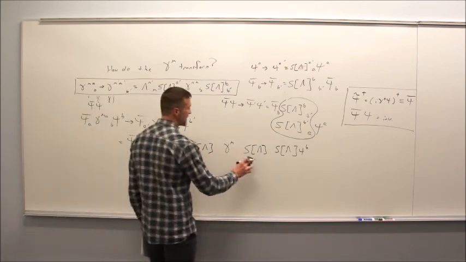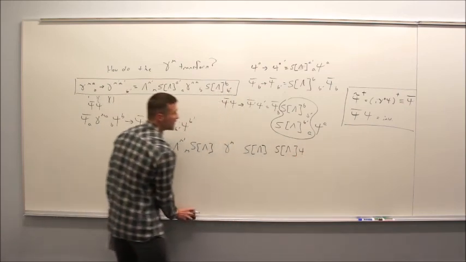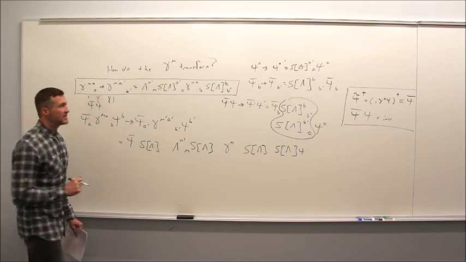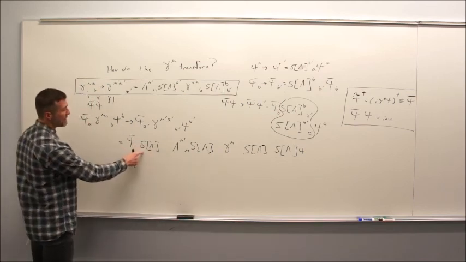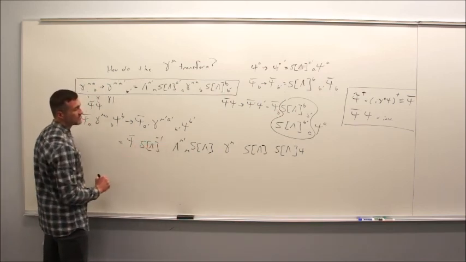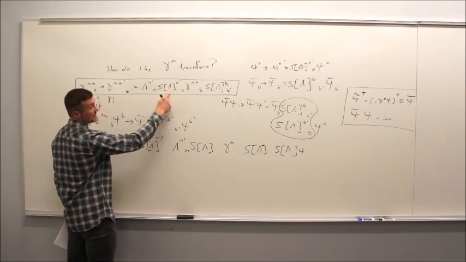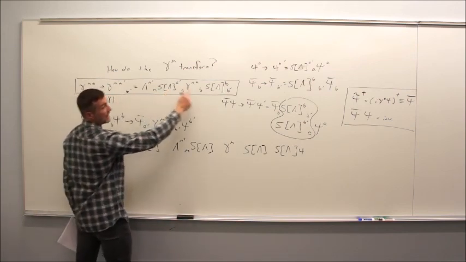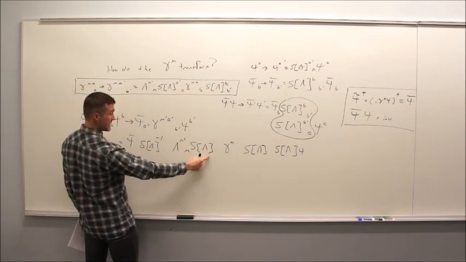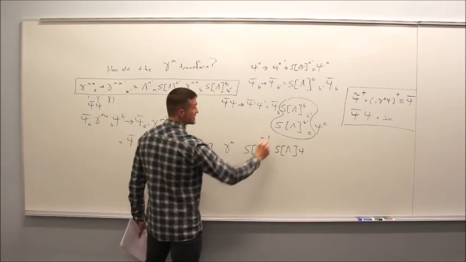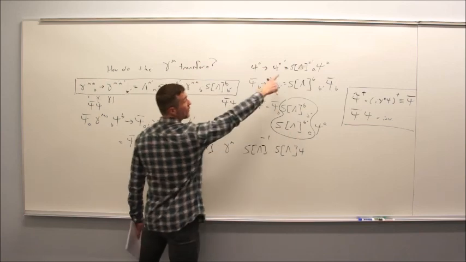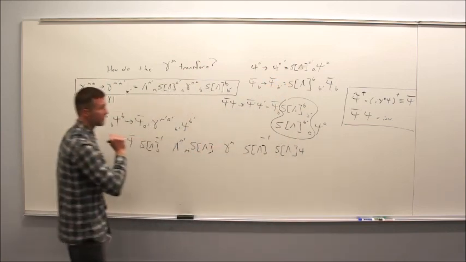There's just too many of them. So I'm going to disappear my indices, and I'm just going to realize that psi bar transforms with an inverse. Gamma transforms with an S and an S inverse. So that's an S inverse. And then psi transforms with an S, okay?